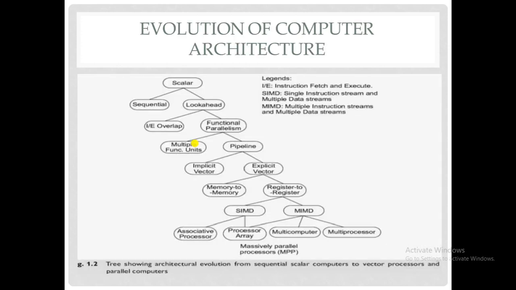Then look at this figure. This figure depicts the overall evolution of the computer architecture from sequential scalar computer to vector processors and parallel computers. As I said earlier, the evolution of the computer architecture model started with von Neumann architecture.